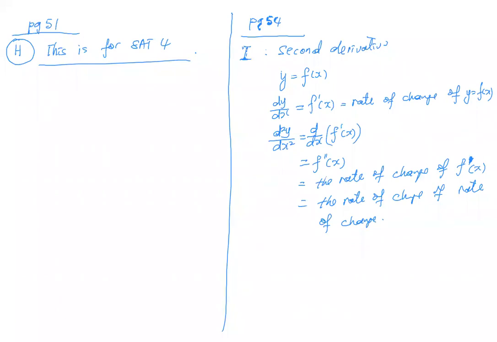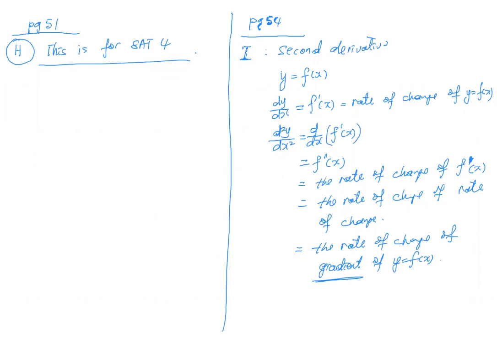Or we can also call it the rate of change of gradient of y equal to f(x). It's the rate of change of the gradient. So if d2y over dx squared is greater than 0, that means the gradient is increasing. So the gradient can be from very negative to become less negative to 0. That is called increasing.